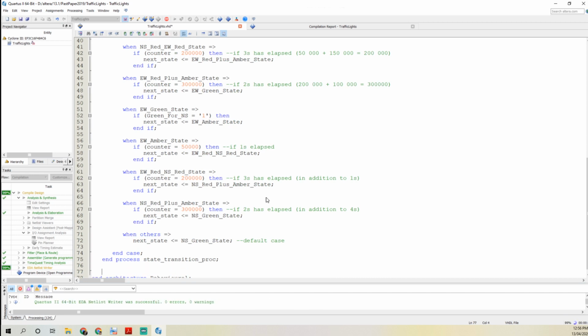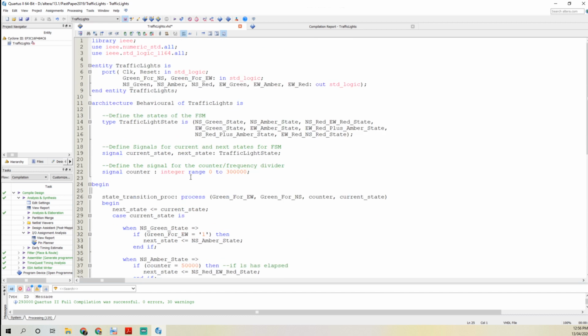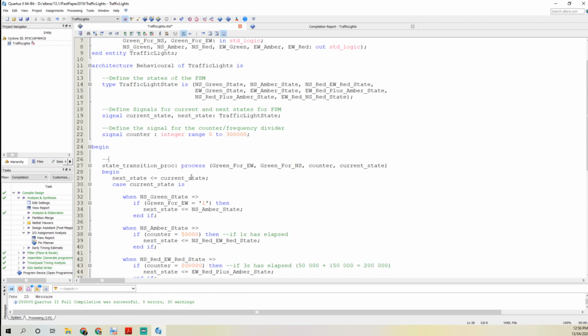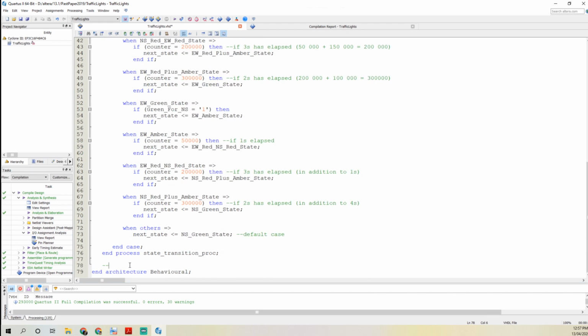Okay, so this was my process to determine the next state logic, that's what we refer to it as. And this here now is the process storing the current state and performing the transitions on clock edges.